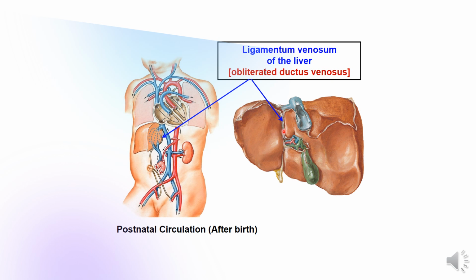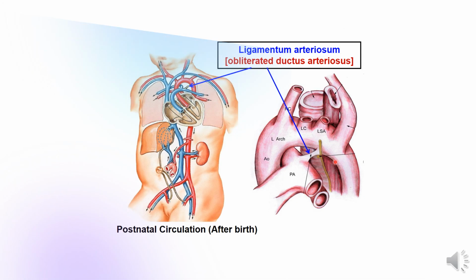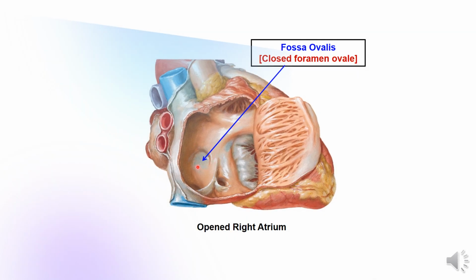Remember, the anatomical division of the liver into the right and left lobe is marked by the presence of the ligamentum venosum. And the ligamentum arteriosum is the obliterated ductus arteriosus, the remnant of the ductus arteriosus. The fossa ovalis is the remnant of the foramen ovale.